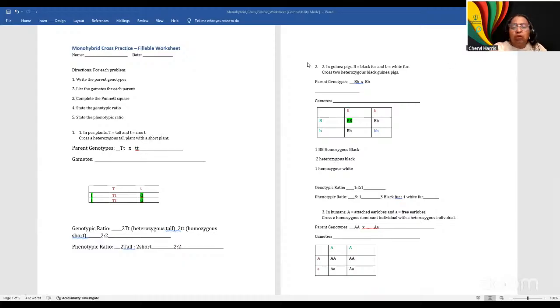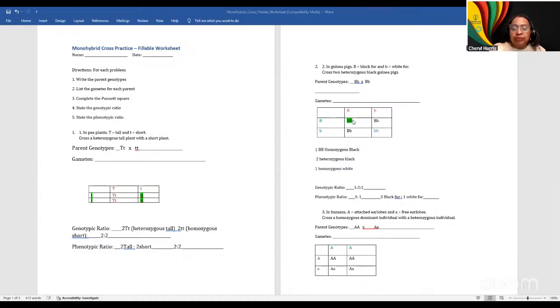Then they tell you we're crossing two heterozygous black guinea pigs. So both the mother and the father are black guinea pigs, but they are heterozygous for that trait, which means they don't have two of the same alleles. They have a big B and a little b. So both of them look like that. That is the parent genotype. Then to show the gametes, we put those on the chart. We put one parent on the top, one on the side, and then we put those results in the boxes.